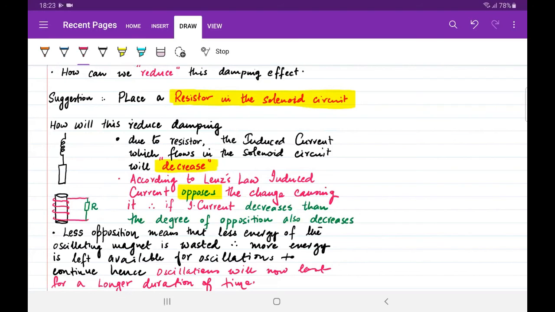Second statement, according to Lenz's law, the purpose of the induced current was that it opposes the movement of the magnet. Therefore, if induced current decreases, then the degree of opposition also decreases.